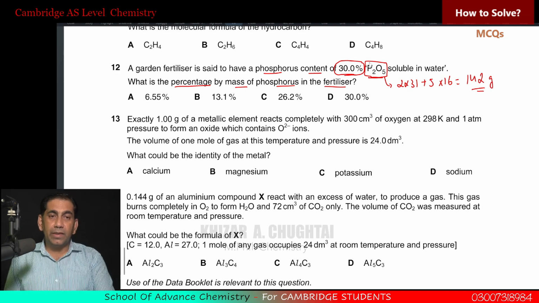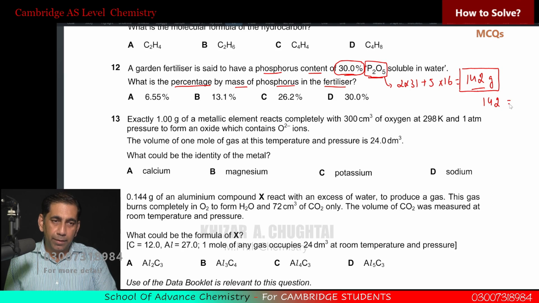Let's suppose this sample is 100% pure, and I'm buying 142 gram of this phosphorus fertilizer from a shopkeeper. Then how much phosphorus will be there? That is 2 into 31, I mean 62.